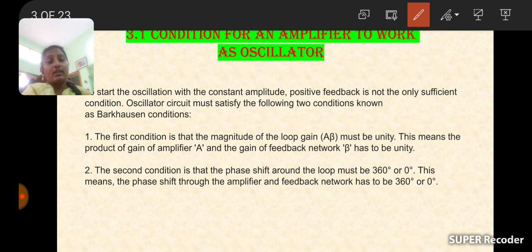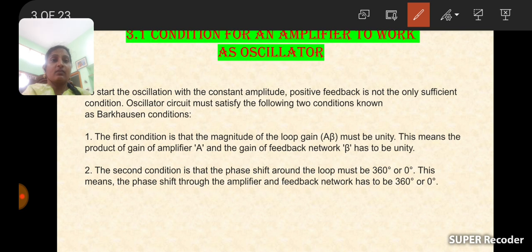Cycle means it is made with a positive half as well as a negative half. So that satisfies one condition. If any circuit acts like an oscillator, it is going to produce 0 or 360 degrees. And to start the oscillation with constant amplitude, positive feedback alone is not sufficient.